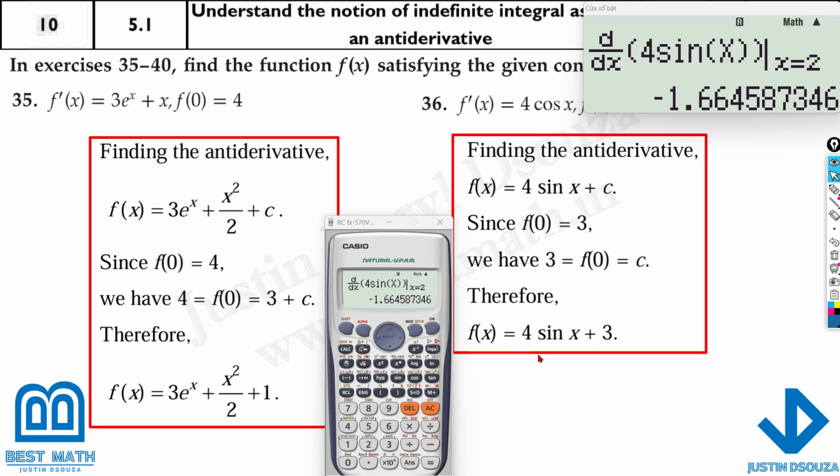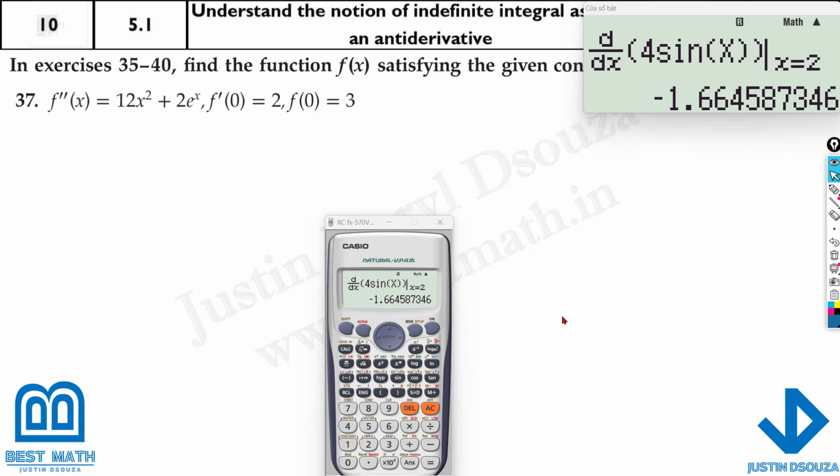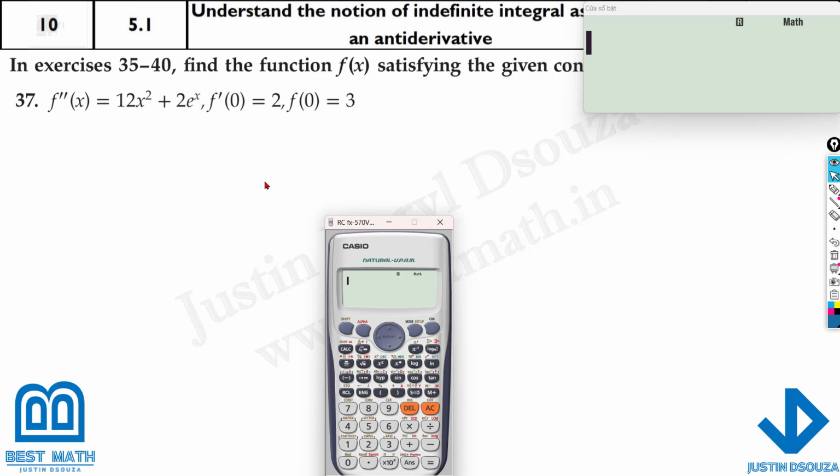It's like 70%, 80% chance that all your 4 options will be different. You should not have the same. You must have different options, but just in case there are 2 options with 4 sine x, then make sure you do this. Here again, now here it's not a direct thing. It's the same method, but you have to double derive. Now, in such cases, there is no way you can use a calculator, sadly.